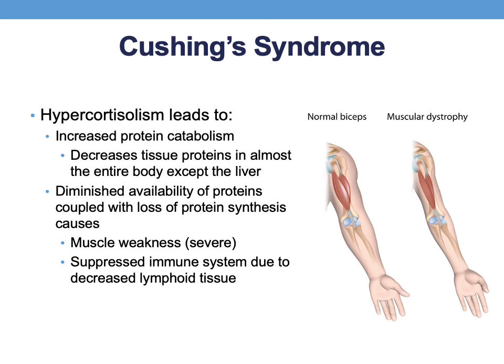Cushing's syndrome hypercortisolism also leads to increased protein catabolism. It decreases tissue proteins in almost the entire body except the liver. It diminishes the availability of proteins, coupled with the loss of protein synthesis, will cause very severe muscle weakness, and a suppressed immune system due to the decrease in lymphoid tissue.